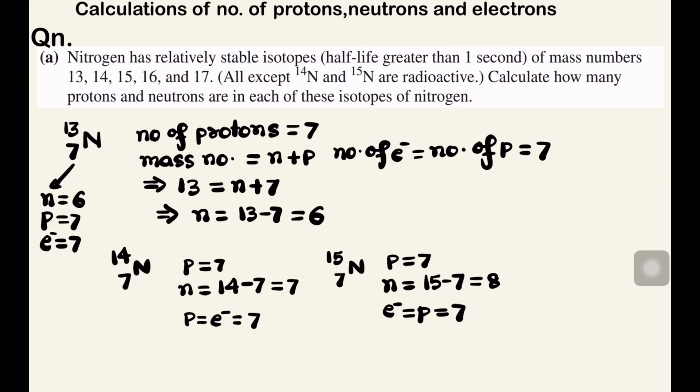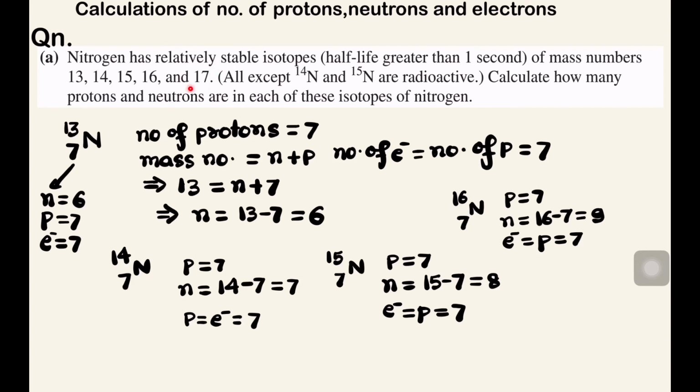Now let's see the next one, that is nitrogen-16. So we have nitrogen-16, again the number of protons is 7, the number of neutrons is 16 minus 7, that is 9, and the number of electrons and protons are equal, that is 7.